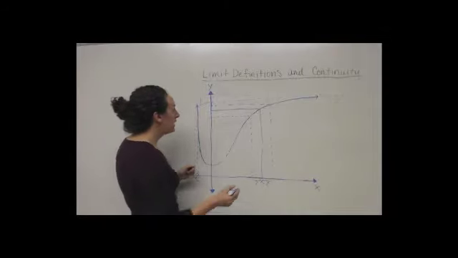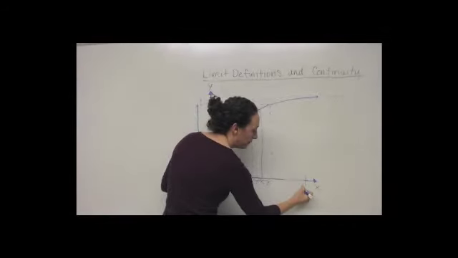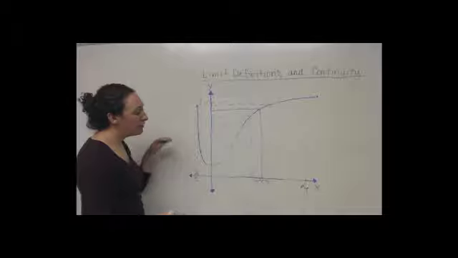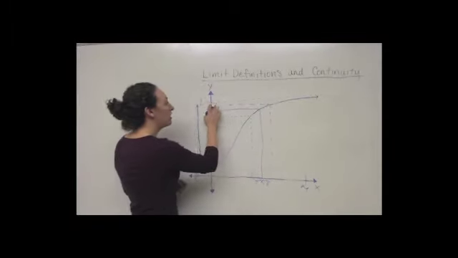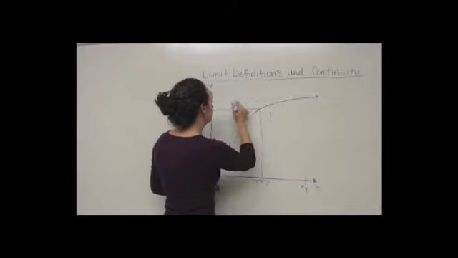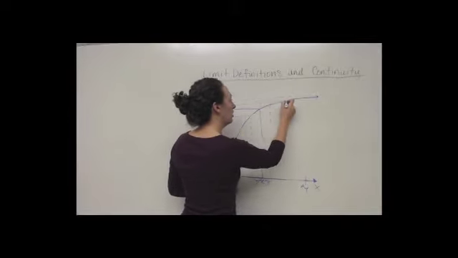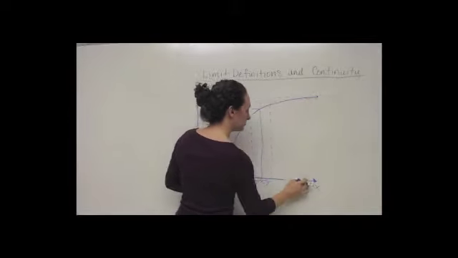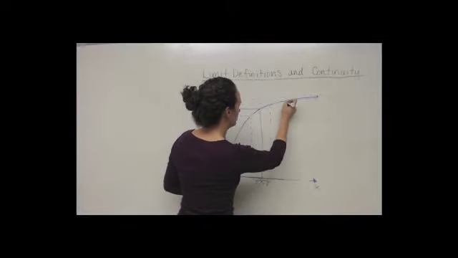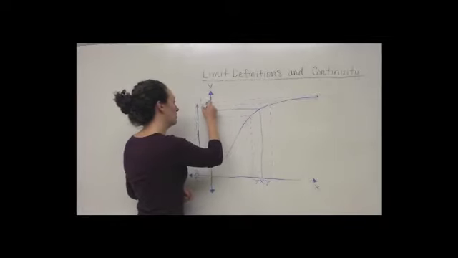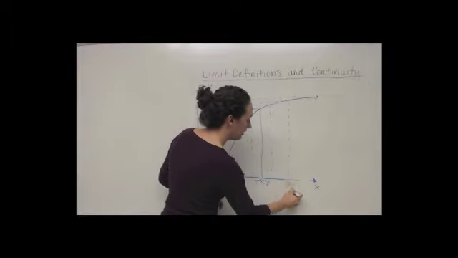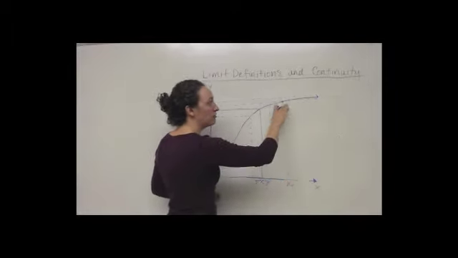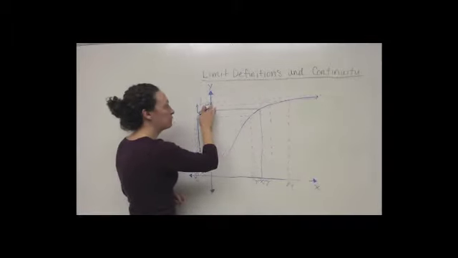Instead, we need to just pick some large number m and say that after we go past m in the x direction, we're within our epsilon value. Let's put the m where it belongs. If this is our epsilon, then our m is somewhere right about here. After we go past m, the function goes within epsilon of L.